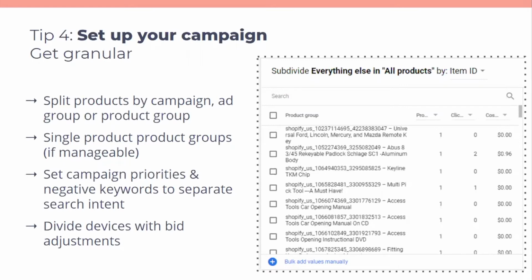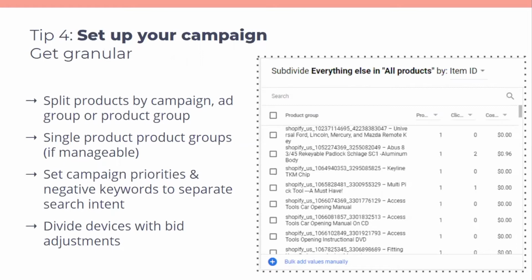You can split a campaign into ad groups that can then be split further into product groups. If you have just a couple of hundred product groups or a manageable number, I would even suggest breaking everything out by single product groups. So you would actually subdivide everything by the item ID, like it's shown here in this screenshot.